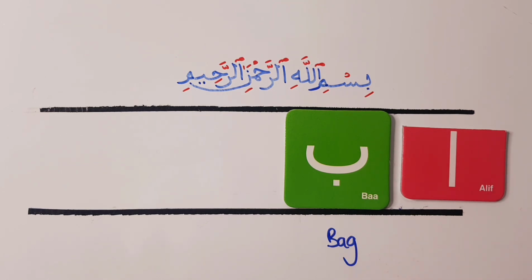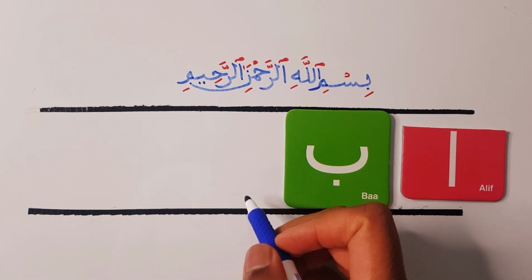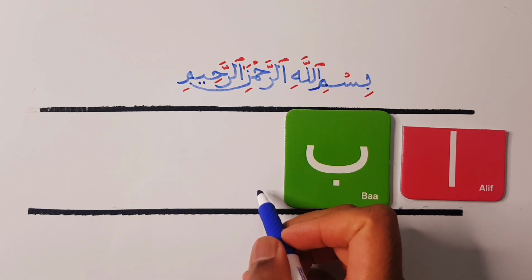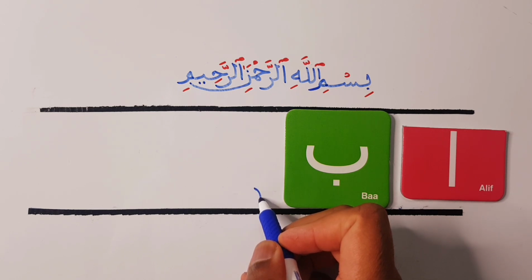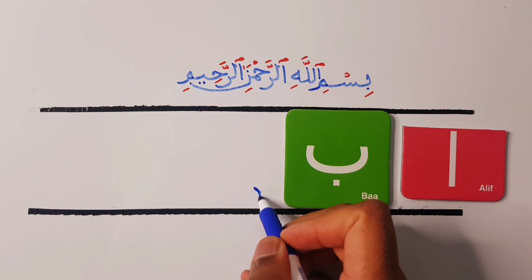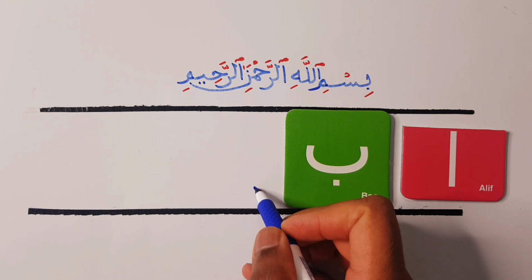In terms of writing the ba, we take it in 3 steps. So the first step is a slightly curved line, which comes downwards and doesn't really touch the line.